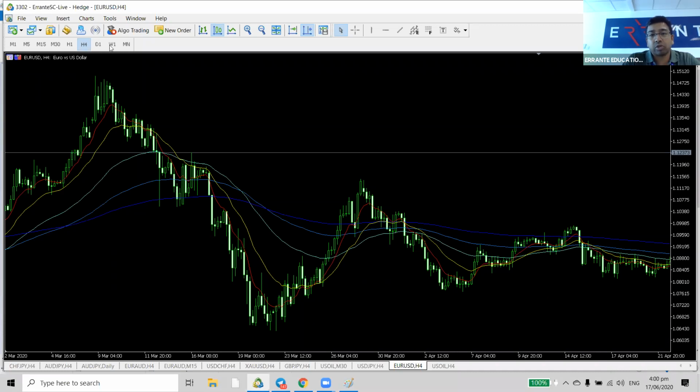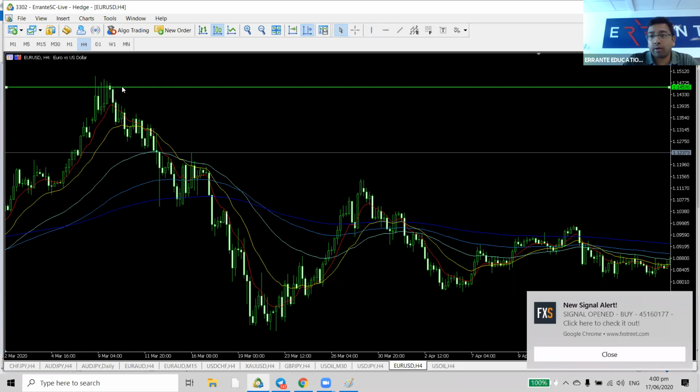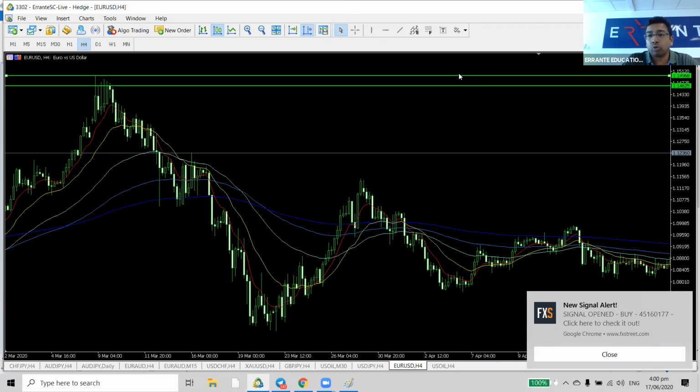This was a reversal. So I will put two lines. One line I will put onto the highest body of where it reversed, and the other one onto the highest wick, let's say this wick here. The two lines indicate the price, and we want to see which psychological level it's closest to.